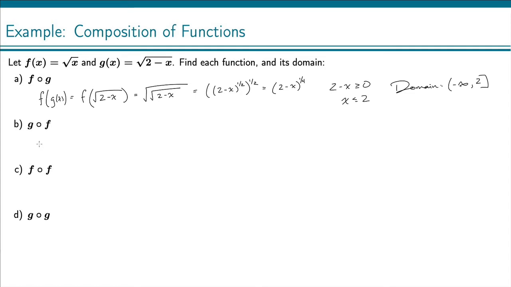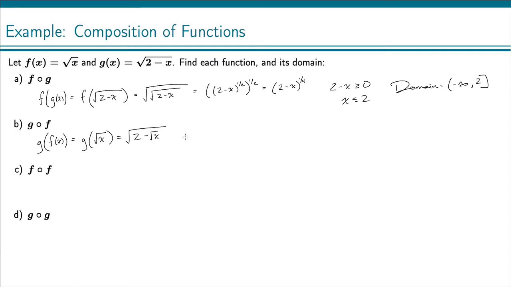For g composed with f, this is g of f of x. So starting with f of x is the square root of x. And now I'm doing g of that. And g of something is the square root of 2 minus that. So we're going to have the square root of 2 minus the square root of x.